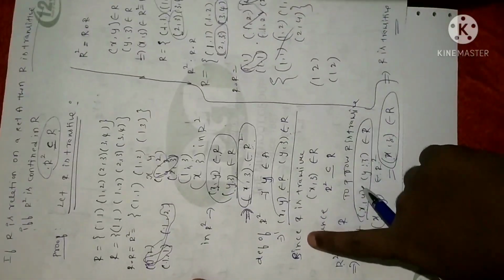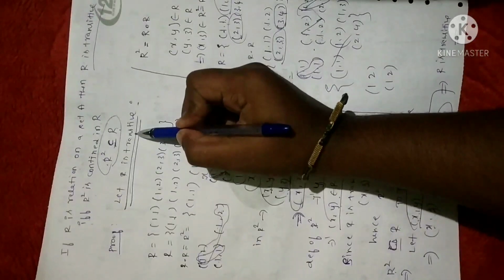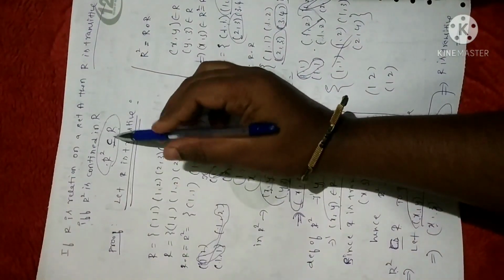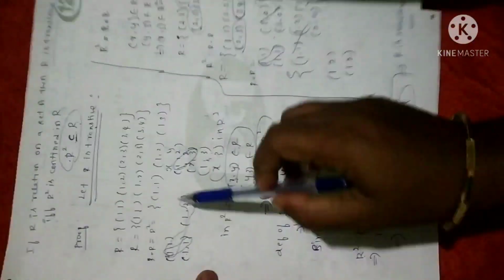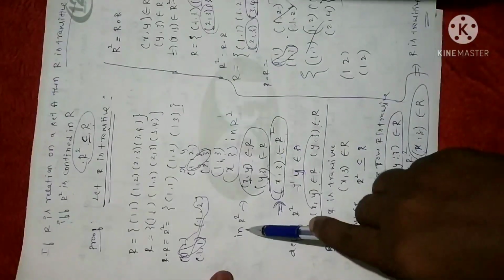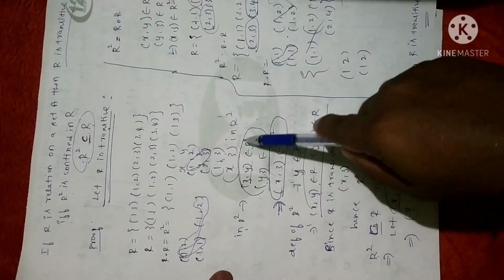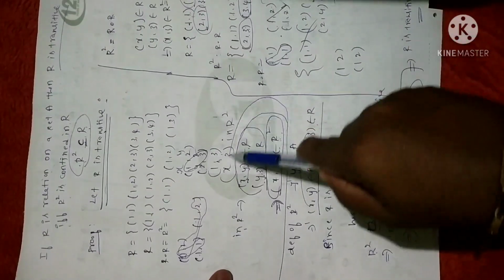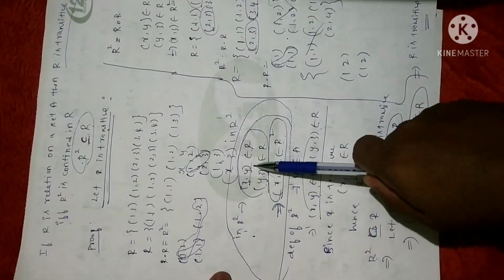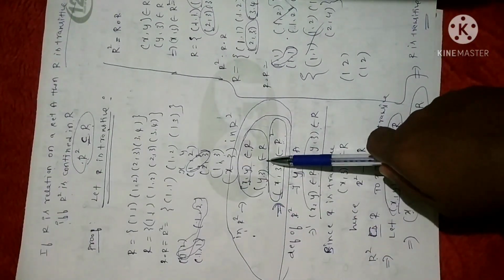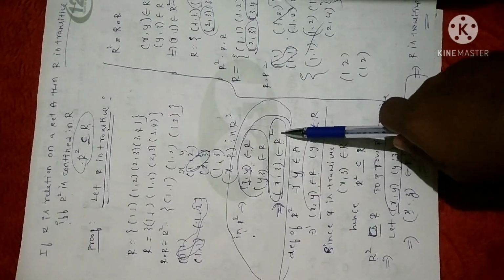I'll repeat it once again. First I have chosen R is transitive, and I'm going to prove R square is a subset of R. In R square, this is a key point to remember: if (x,y) is in R and (y,z) is in R, then (x,z) will be in R square.